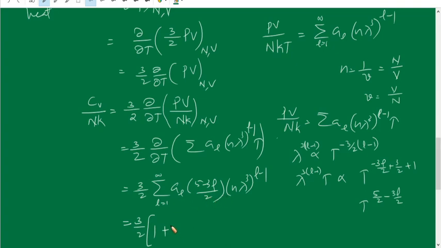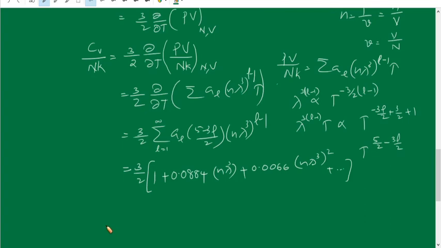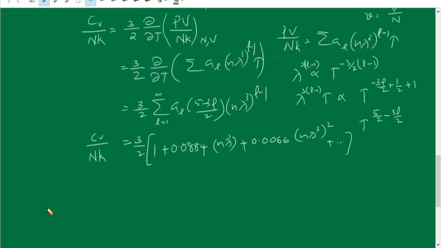So this will be equal to 0.0884 n lambda cube, plus 0.0066 (n lambda cube) whole square, etc. So the specific heat of the Bose gas when z is small is given by Cv by Nk equal to this expression.